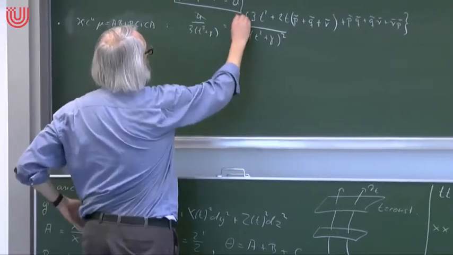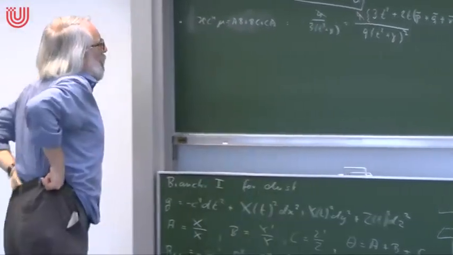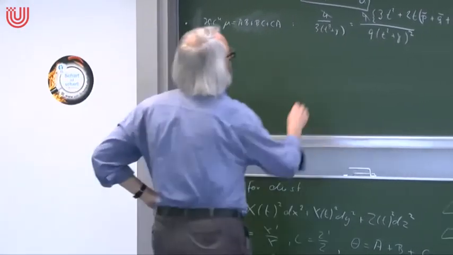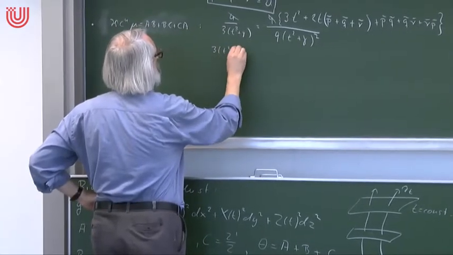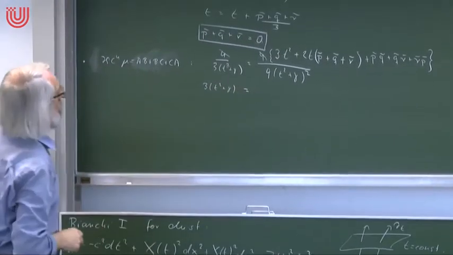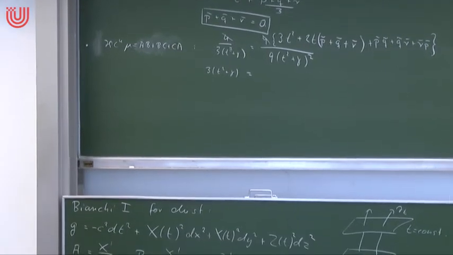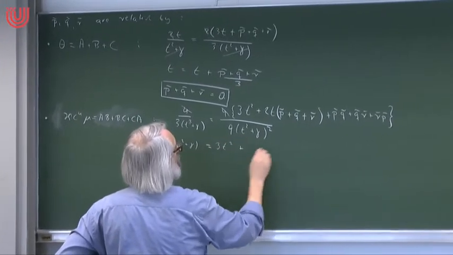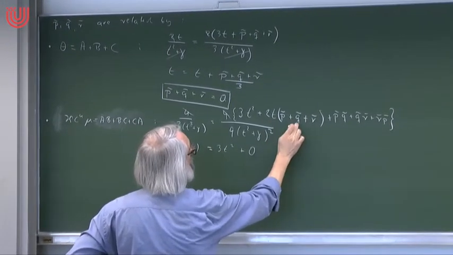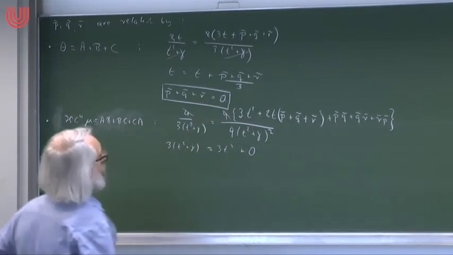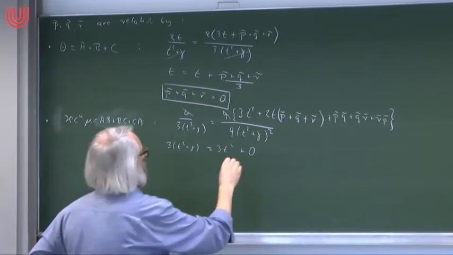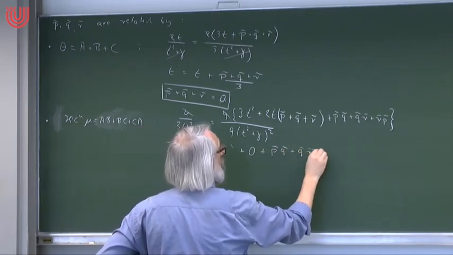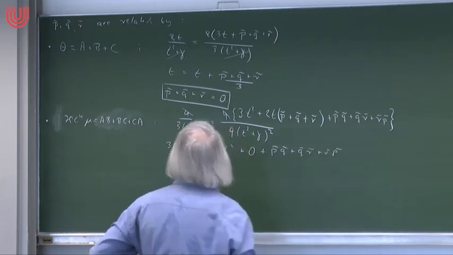So the 4 goes away. I multiply with 9 times t squared plus gamma squared, so then I get 3 times t squared plus gamma. On the right-hand side, the denominator is gone. So I have 3t squared plus 0, because P tilde plus Q tilde plus R tilde is 0, plus what is written there: PQ plus QR plus RP.